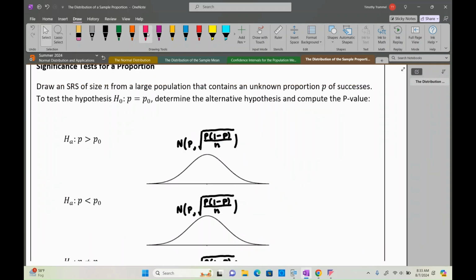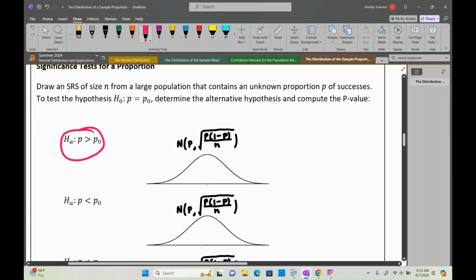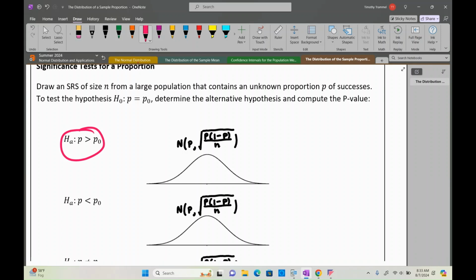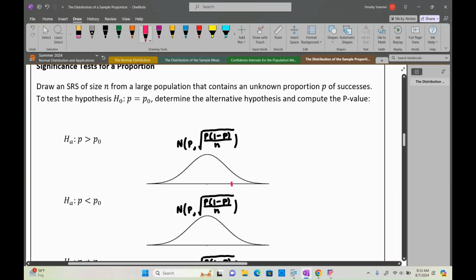So in the first picture, our alternative hypothesis is that P is actually bigger than was stated in the null hypothesis. So if that happens, the hope is that our sample proportion lands us somewhere over here to the right. And I'm going to shrink this up a little bit more so that I can write in P hat there. I think I have enough room now.